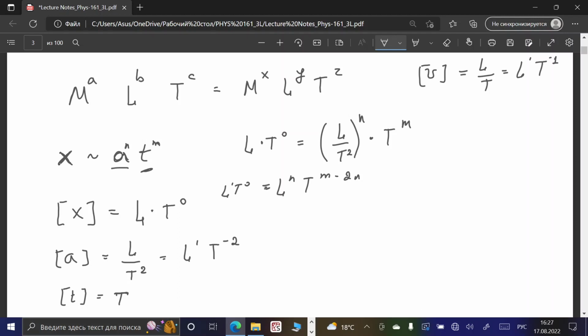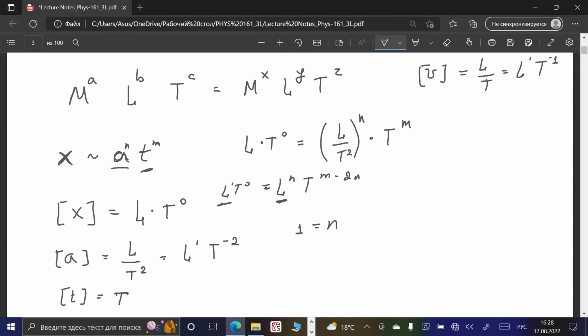So now we have two dimensions with different powers in the left and right sides. Let us first consider the dimension length. We can write this equation: 1, which stands next to L on the left side, is equal to n, which stands next to L on the right side.